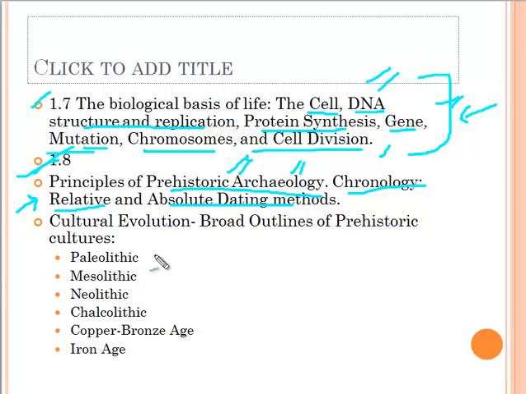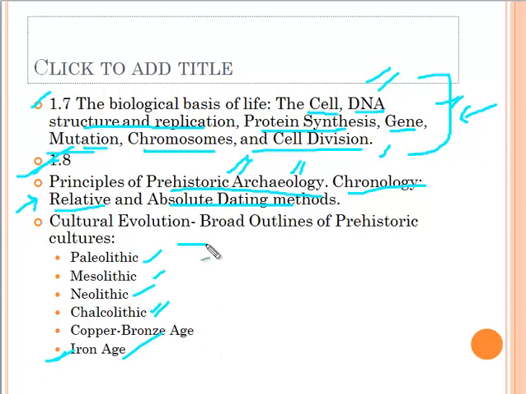So here, Paleolithic, Mesolithic, Neolithic, Chalcolithic, Copper Bronze Age and Iron Age. Paleo means ancient, lithic means stone, so ancient is Stone Age. Meso means middle Stone Age, Neo means new Stone Age. Then Chalcolithic consists of copper and bronze, they also come under Chalcolithic only. And then the Iron Age, it will start around 700 BC.